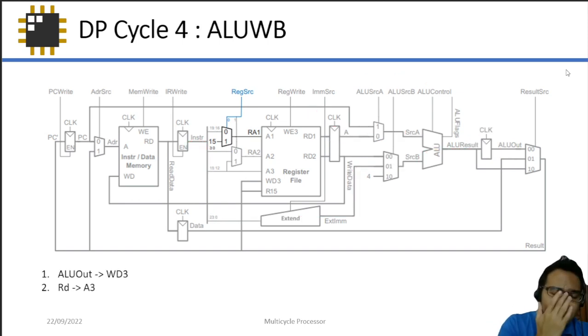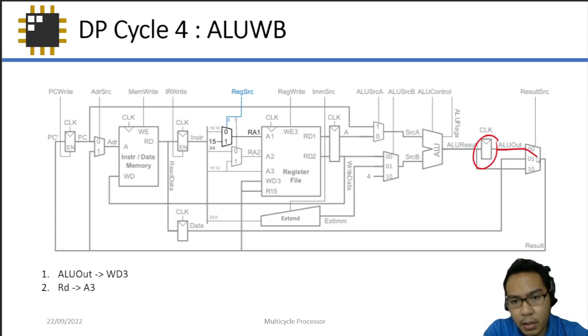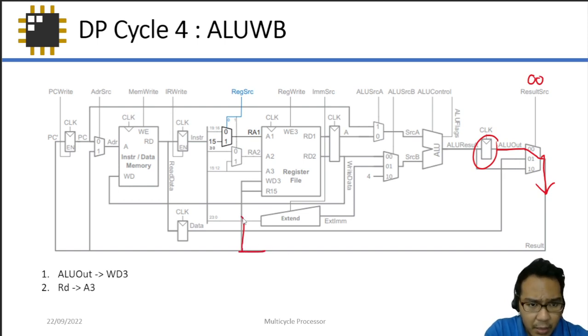Okay, now cycle 4 for data processing instructions. All the same. What you have here in ALUOut, you pass through this multiplexer, which is fed into this data path, and then travels all the way back to the register file, where you have a 1 for the reg write right now, and then A3 is still the destination register because this instruction never changed.